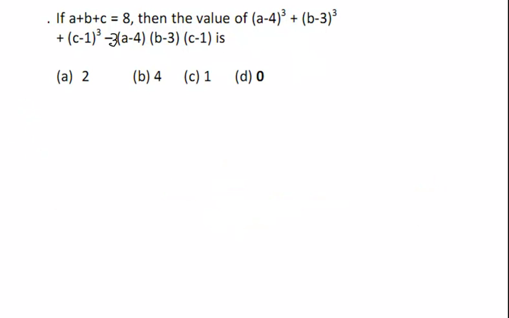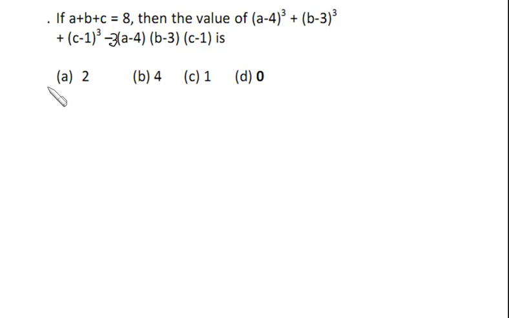Now if a plus b plus c is equal to 8 and a minus 4 whole cube plus b minus 3 whole cube plus c minus 1 whole cube, we have to find out the value of this expression. Okay, now whenever you see this format x cube plus y cube plus z cube, you just try to recall that x cube plus y cube plus z cube is equal to 3xyz if x plus y plus z is 0, right?